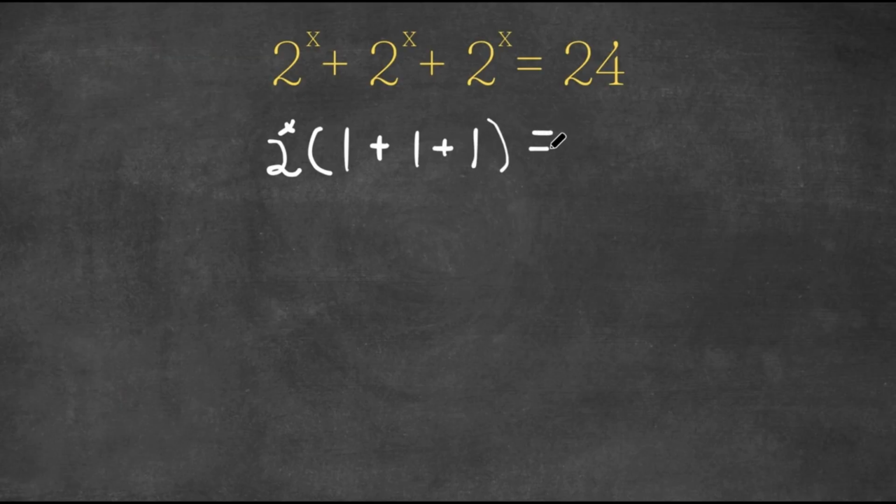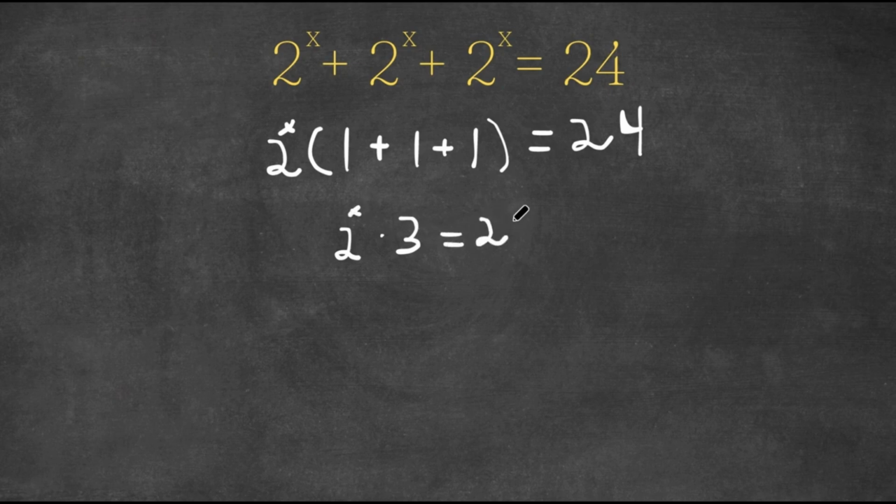And this equals 24. Now if we add what's in the parentheses, 1 plus 1 plus 1, we get 3. So we get 2 to the power of x times 3 is equal to 24.